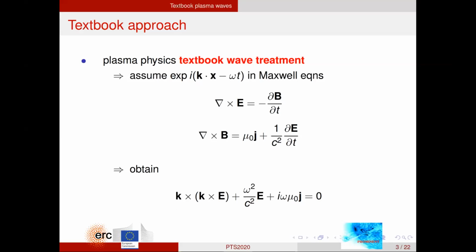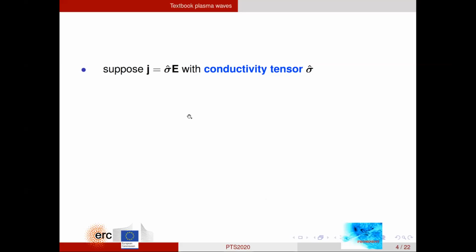Now, if you were able to write the perturbed current in direct proportion to the perturbed electric field, then you would be in business, because you would have a 3x3 formulation with a 3x3 matrix operating on the perturbed electric field.